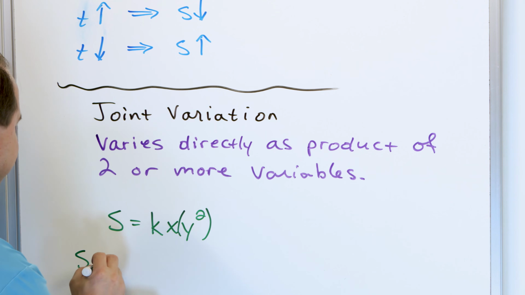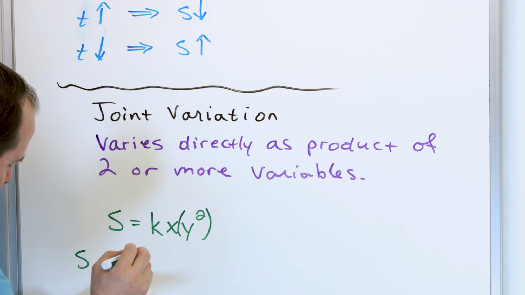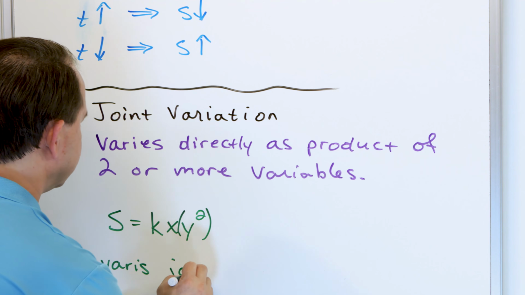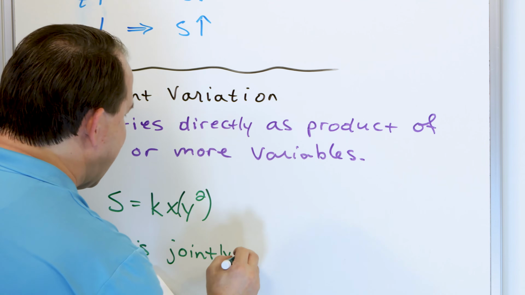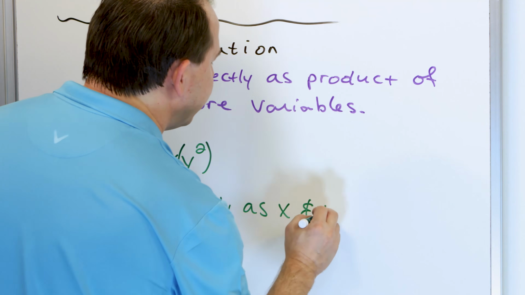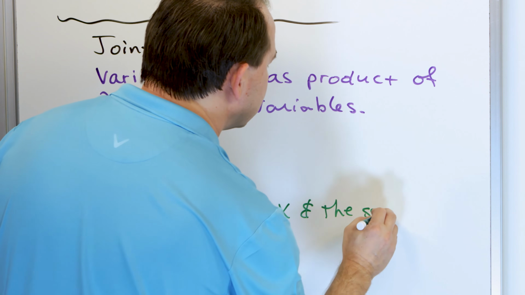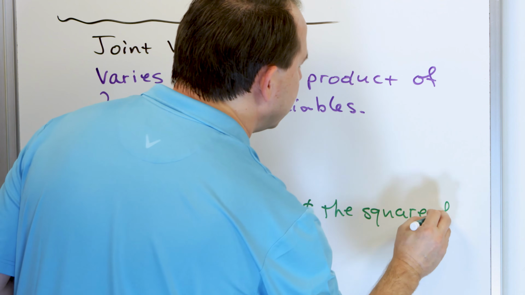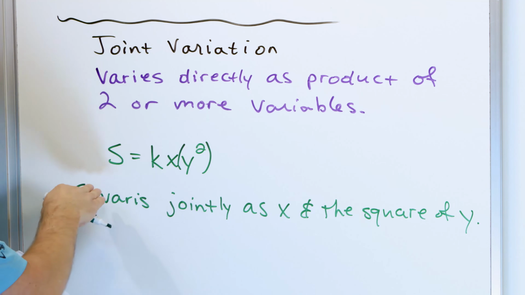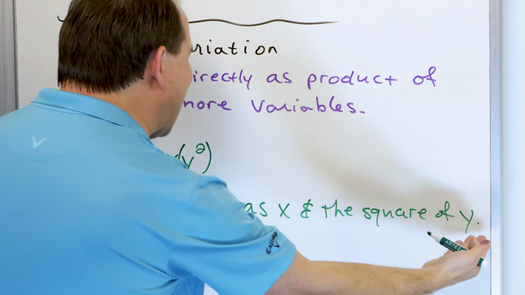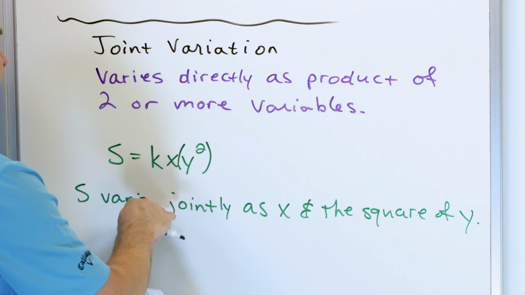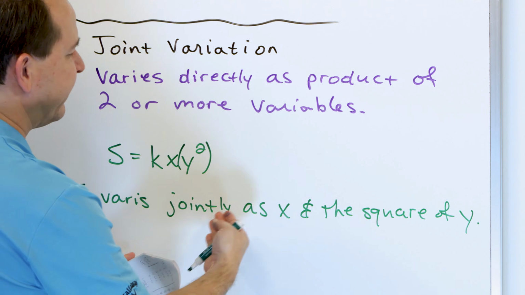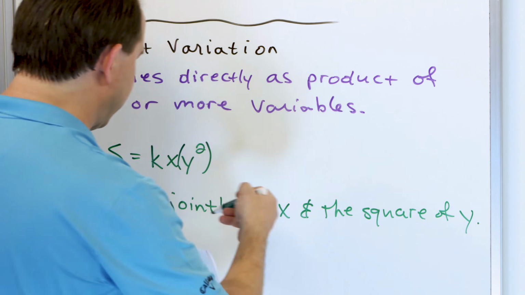So you say that s varies jointly as x and the square of y. So it does not vary directly as x and directly as y, because we have a square there. It varies directly, or jointly I should say, as x and the square of y.